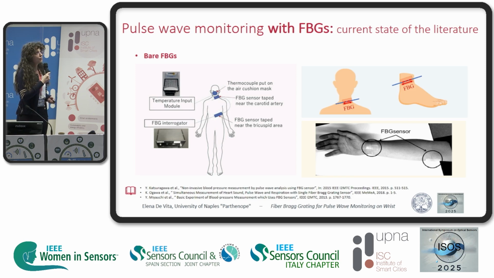And at first, some authors focused on the use of bare FBGs, simply positioned on the body, for example, in correspondence of the neck, the ankle, the brachial artery, and to secure the position of the FBG, they used medical tape. But medical tape is not enough to protect the fragile areas of the optical fiber, and so the grating.